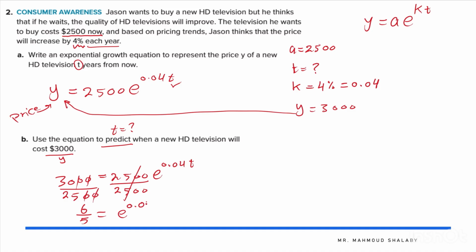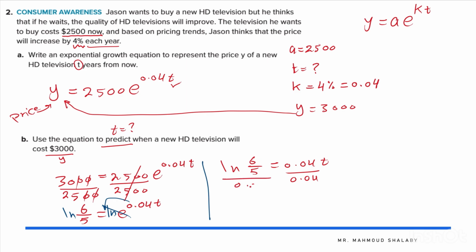power of 0.04t. Remember, if I want t, I want to bring it down. So I will use ln. When I use ln, the e will be removed and the exponent comes down. It will be ln of 6 over 5 equals 0.04t.